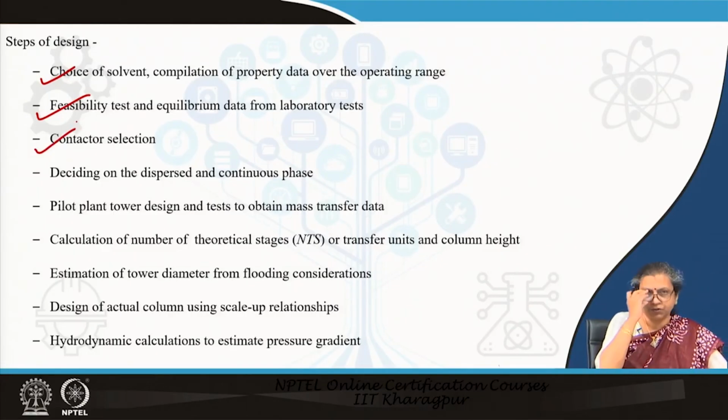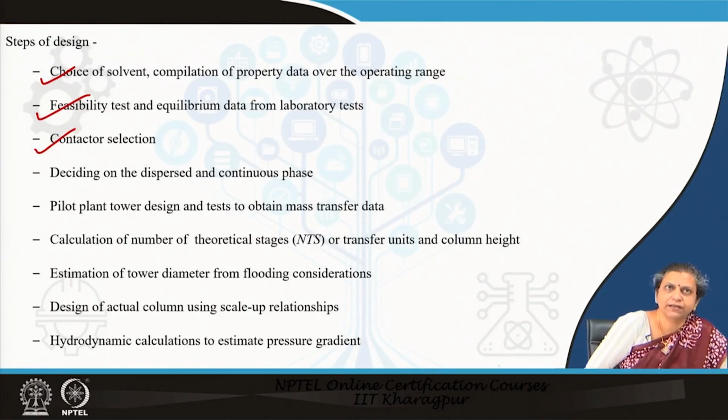You will remember that when we opt for a mixer settler, for most cases, particularly when the throughput is high, we would like to go for a continuous operation. Among the continuous operations, we can select a packed bed or a sieve tray tower, and if the number of theoretical stages is very high, or the interfacial tension is moderate to high, as we had already discussed, we would like to go for any type of agitated contactor.